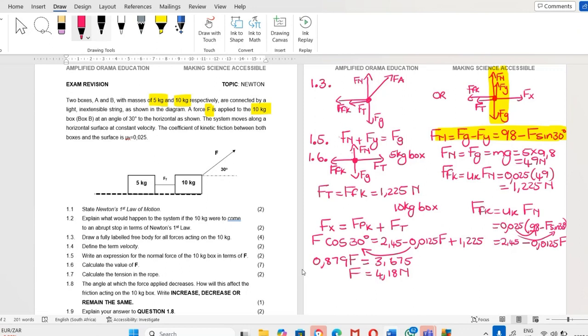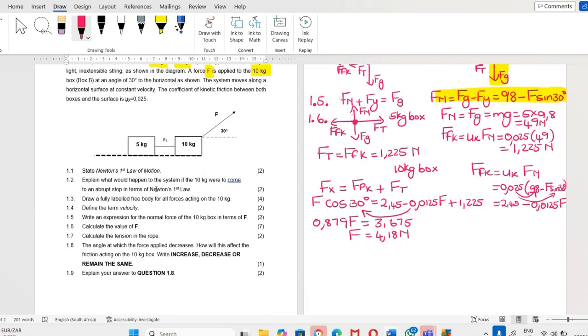And then the next question says calculate the tension in the rope. Remember that tension was already calculated in the previous question. So that question is not necessary. And then 1.7, or rather 1.8, let's jump on to 1.8. 1.8 says the angle at which the force is applied decreases.